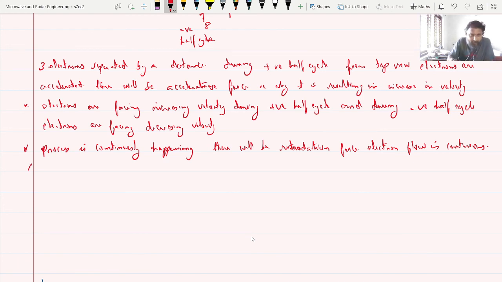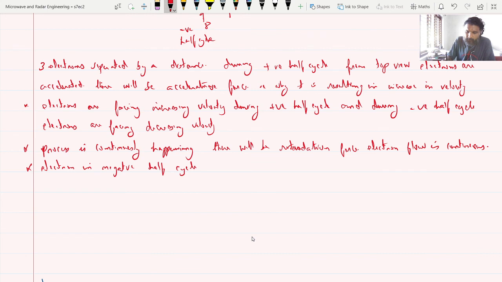So electron in the negative half cycle, considering the same figure, because of the magnetic field it will have the same trajectory.